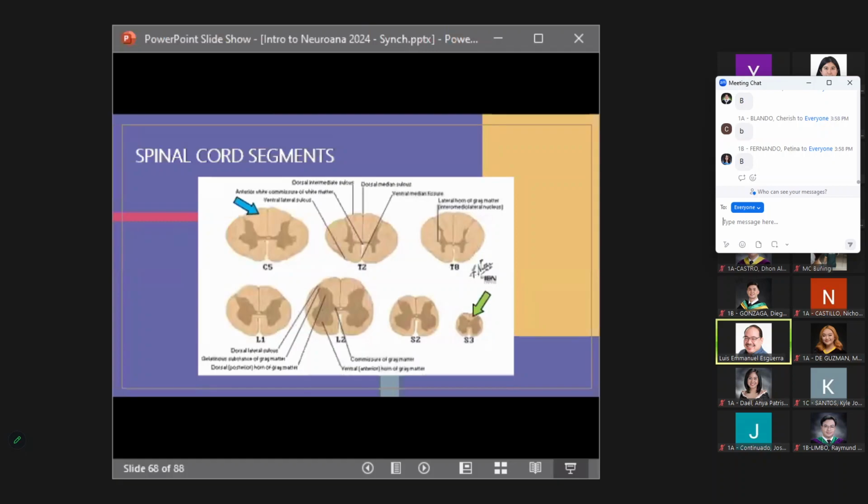The least amount is in the sacral. Take note of the proportion: there is a greater proportion of white matter to gray matter in the thoracic, because your gray matter is really small compared to the cervical.